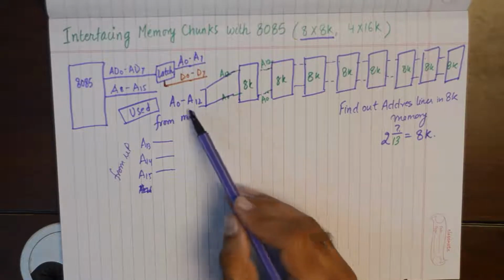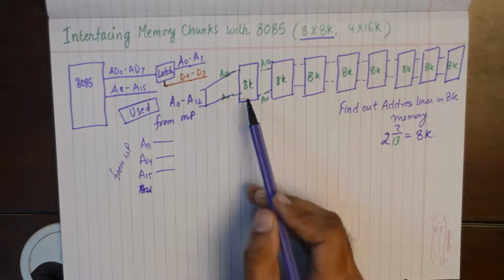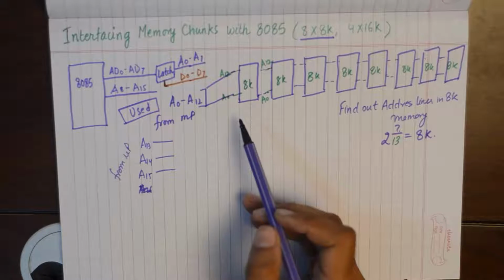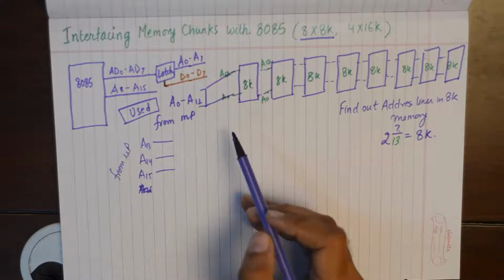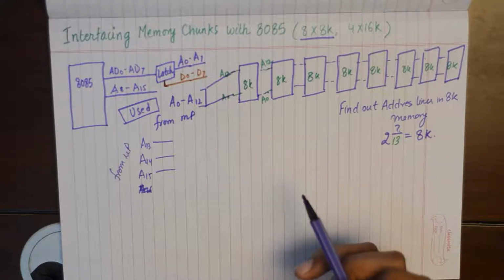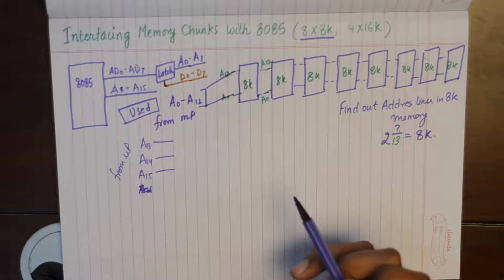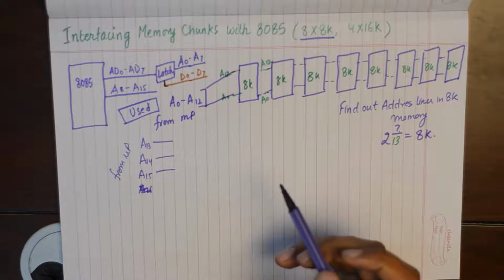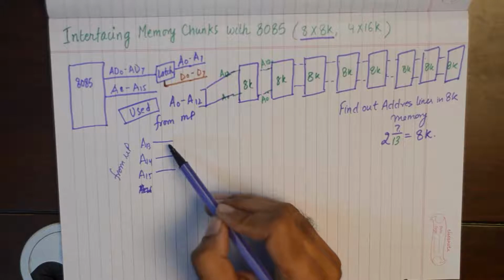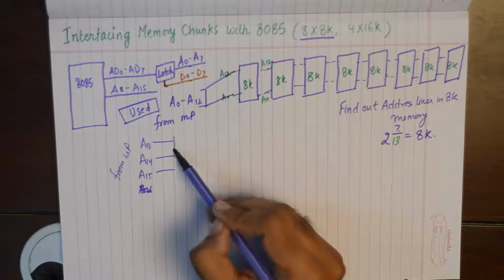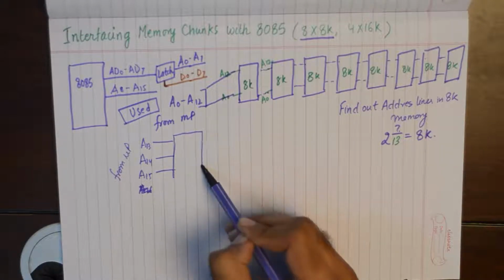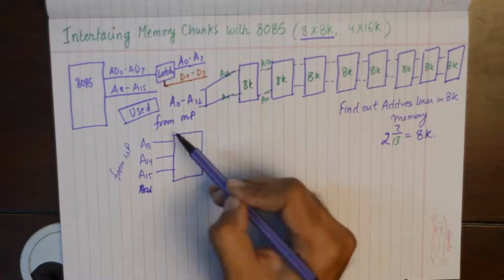For example, A0 to A12 are physically connected, but at any point in time only one memory is going to be selected by the microprocessor, and that can be achieved by connecting the remaining address lines to a decoder. I'm going to use a 3:8 decoder.